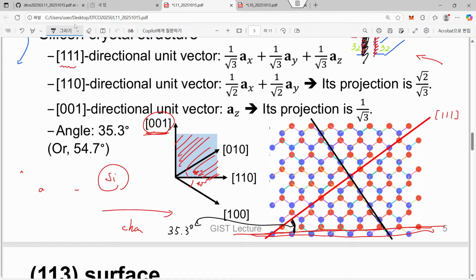We see this surface. So the angle between our surface and our wafer surface becomes 54.7 degree.